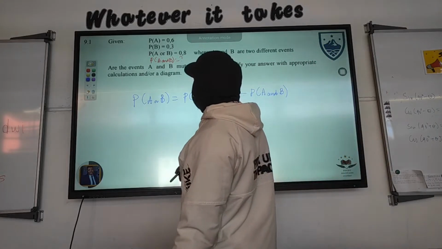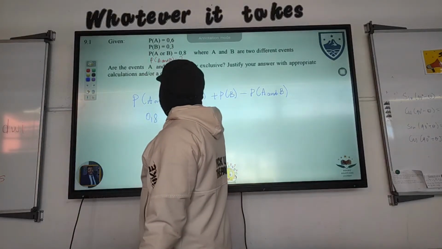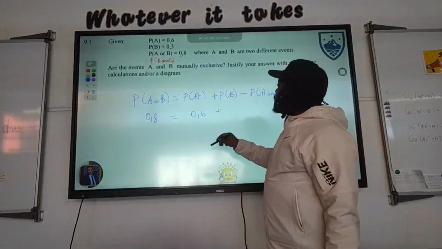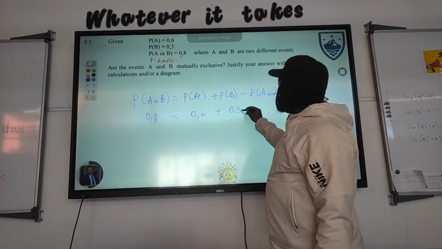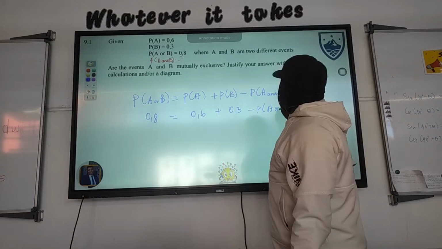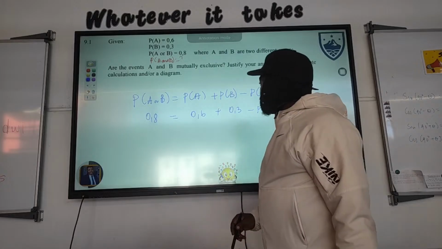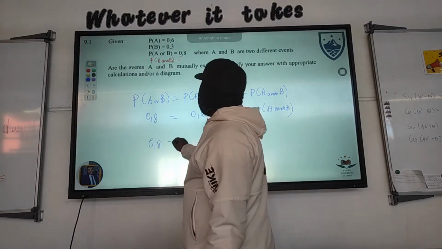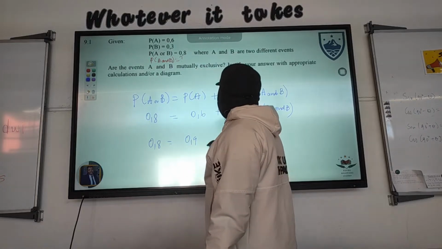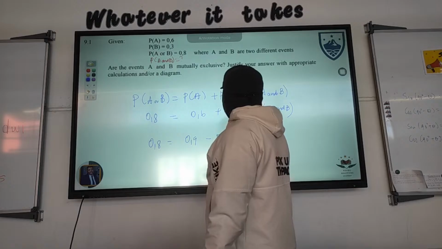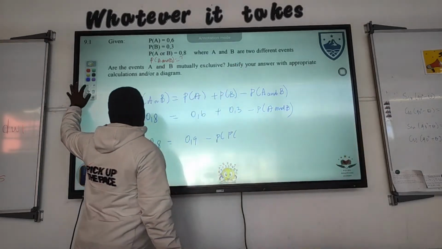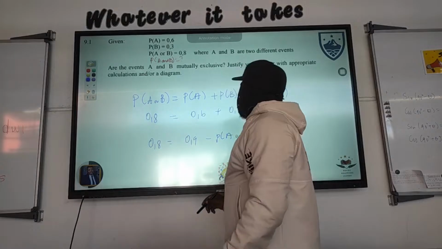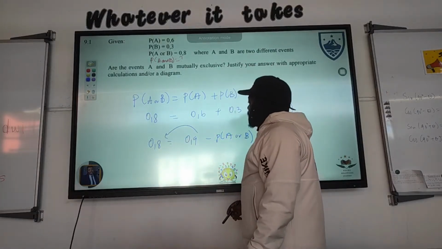We have probability of A or B, which is 0.8, probability of A, which is 0.6, the probability of B is 0.3, then minus probability of A and B. Then we have 0.8 equals 0.6 plus 0.3, which is 0.9, minus the probability of A and B. And then we transpose this to the other side.